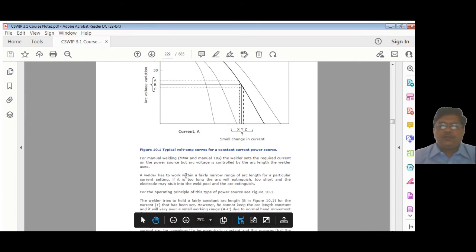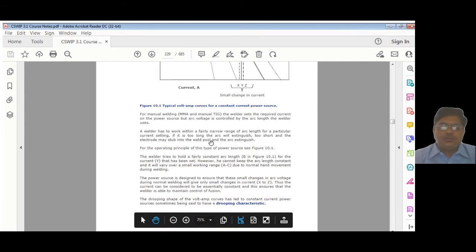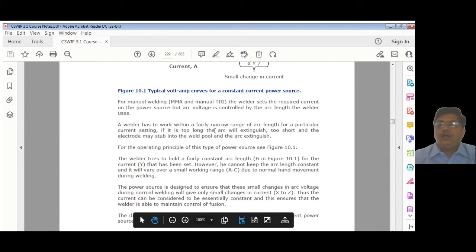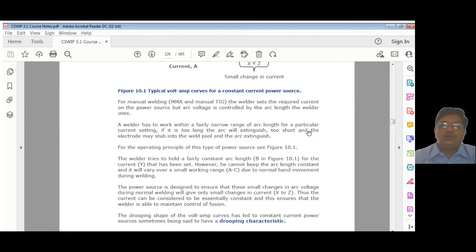So the welder has to work within a fairly narrow range of arc length for a particular current setting. If it is too long, the arc will extinguish, and if too short, the electrode may stub into the weld pool and the arc is extinguished. So this is basically the training of the welder. If he goes very near to the metal, then the arc will become so high that welding will become distorted, or a very fat bead will happen.